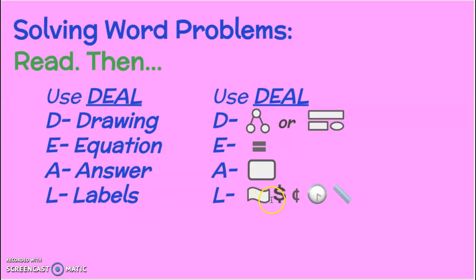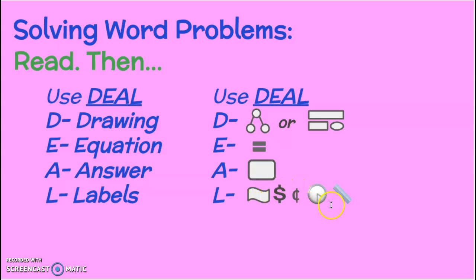And so the labels will be what you solved. So maybe it was how many apples are left. Maybe it was how many more chairs do I need to get. Maybe it was how many more games did you win than me. Whatever your answer is, you're going to need to label it with the games or oranges or apples or whatever.